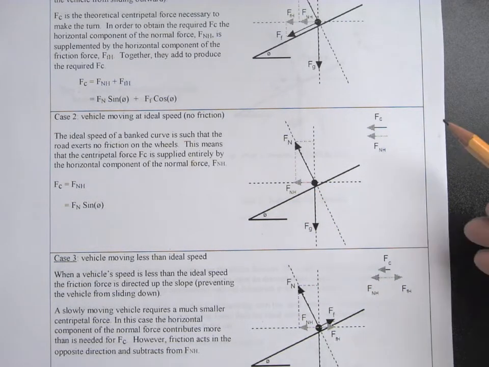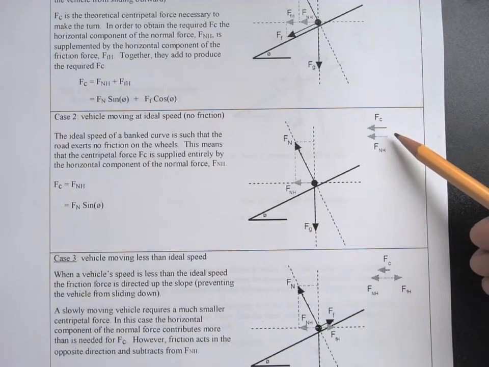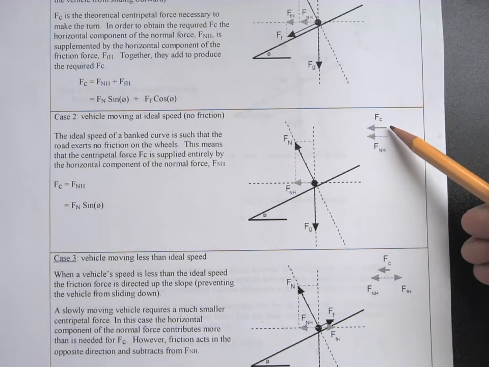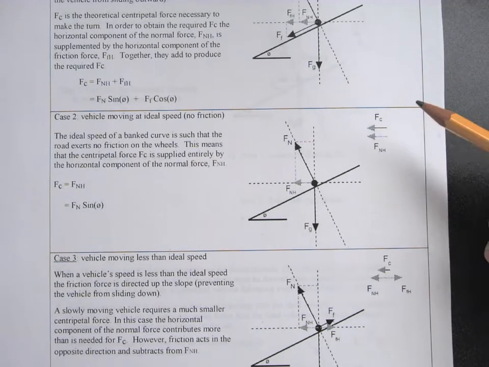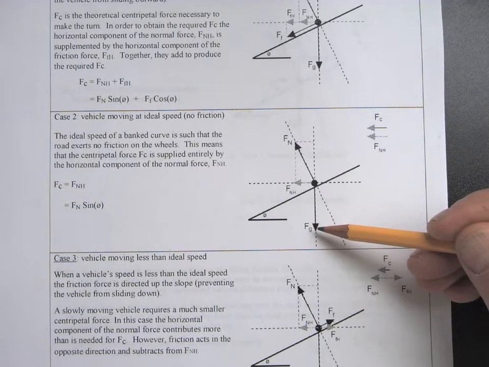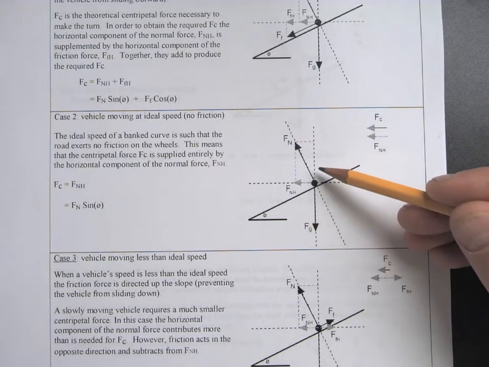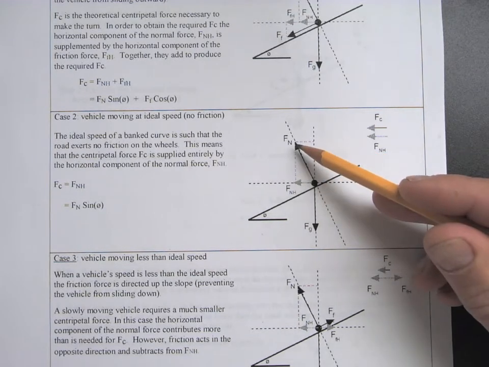In this case, we're going to see that the centripetal force is a moderate amount. It's the in-between value. No friction means we only have two real forces. Of course, gravity is always there, and we have our normal force directed 90 degrees from the surface, and this is the largest force.